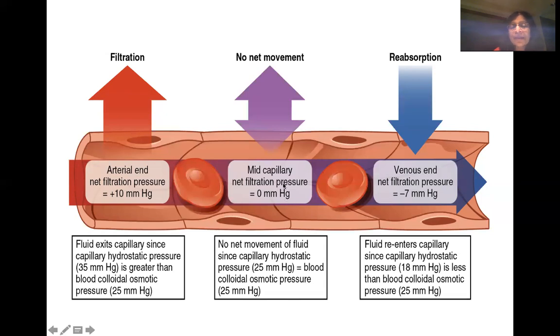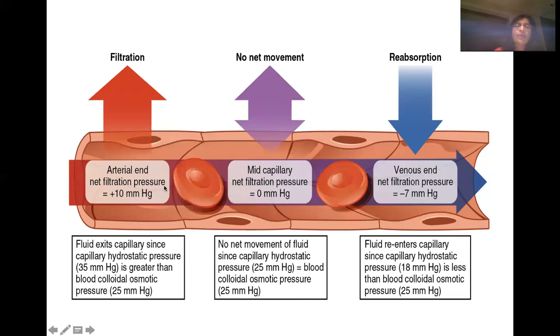So if you have 25 millimeter mercury blood pressure, 25 millimeter mercury osmotic pressure, the net filtration pressure is 0. All right. Now at the venular end, you're looking at 18 millimeter mercury pressure within the capillary, whereas the osmotic pressure tends to be constant, and that is 25 millimeter mercury. So the difference between 18 and 25 would be a negative number, it's -7.